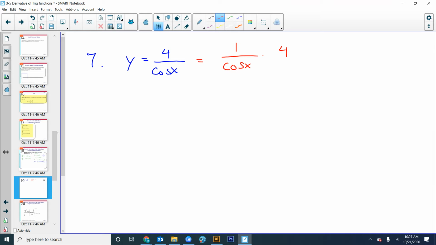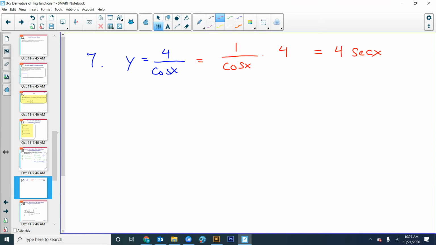Equivalent, right? Equivalent or not equivalent? Equivalent. Have I done any calculus yet? No, I've used identities to rewrite the problem. I have not done any derivatives yet.